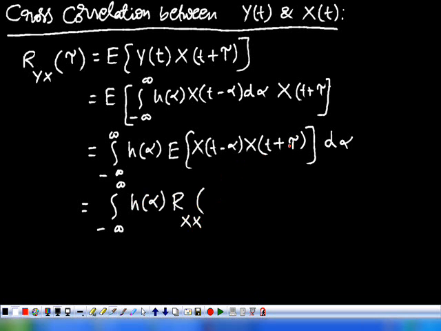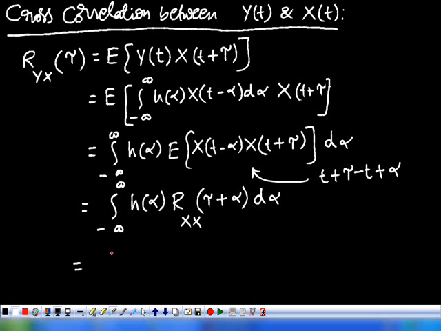It is t plus tau minus t plus alpha. Here the time lag is t plus tau minus t plus alpha, so tau plus alpha is the time difference between the two times.